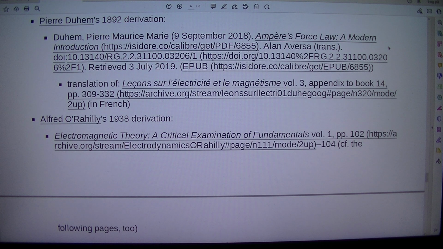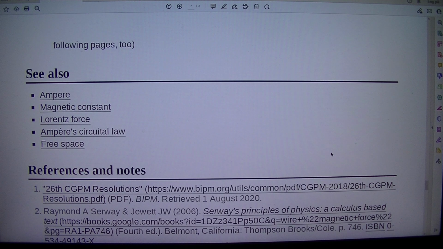EPUB, translation of Leçons sur l'électricité et le magnétisme, Volume 3, Appendix to Book 14, pp. 309-332, in French. Alfredo Rahil's 1938 derivation: Electromagnetic Theory: A Critical Examination of Fundamentals, Volume 1, pp. 102-104, compare the following pages.